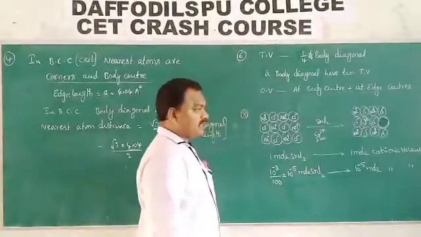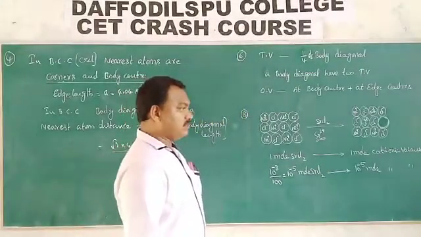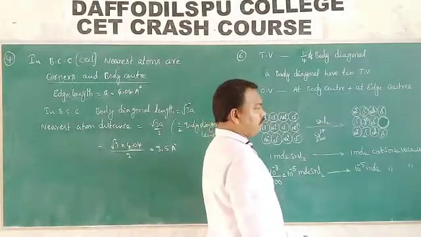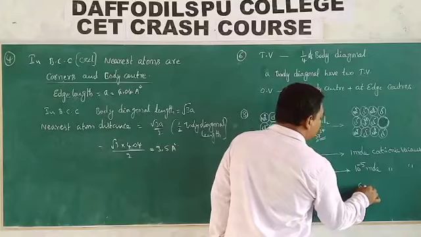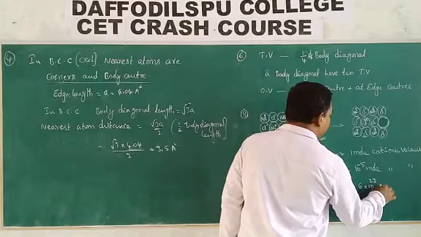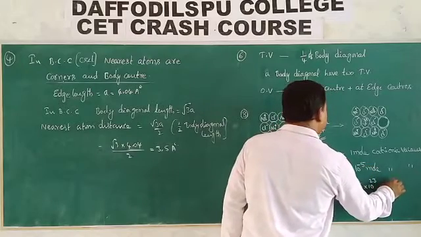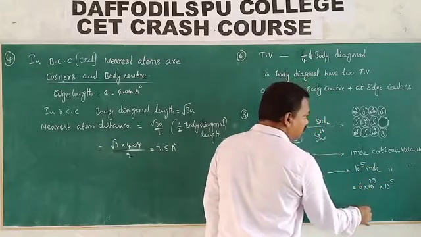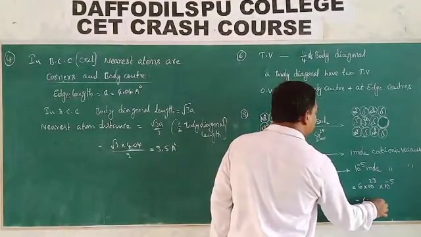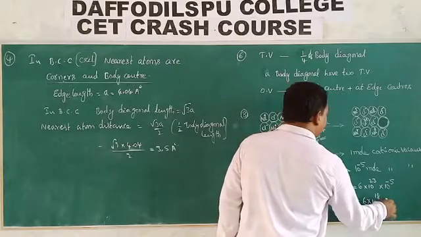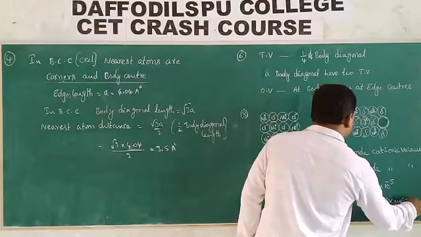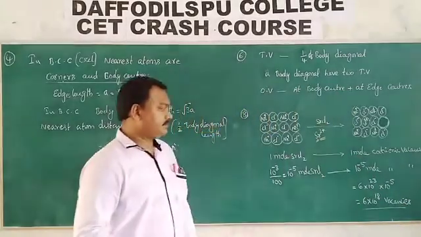Now we have to express that in terms of number. 1 mole is equal to 6.023 into 10 power 23. 10 power minus 5 moles is equal to 6.023 into 10 power 23 into 10 power minus 5. So it becomes 6.023 into 10 power 18 vacancies. So these many vacancies you will get.